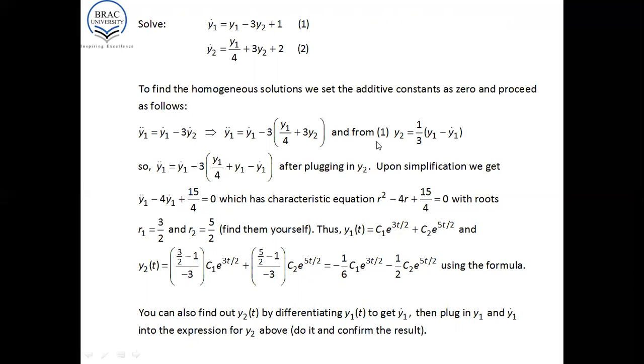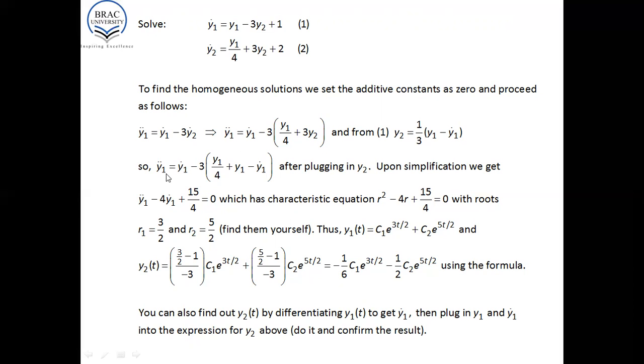From equation 1, we have Y2 equal to (Y1 minus Y1 dot) divided by 3, again in homogeneous form.